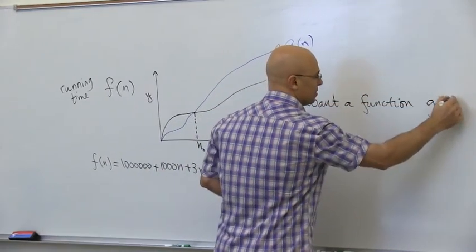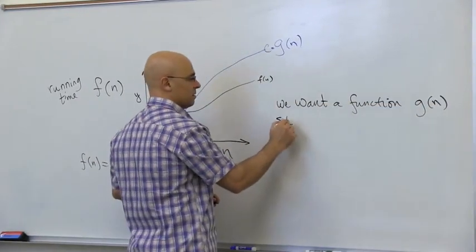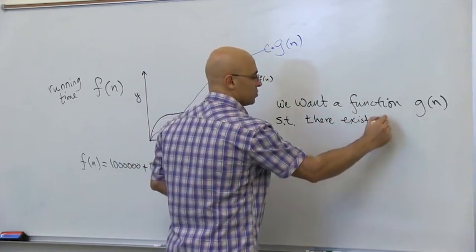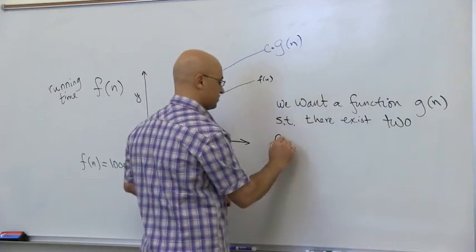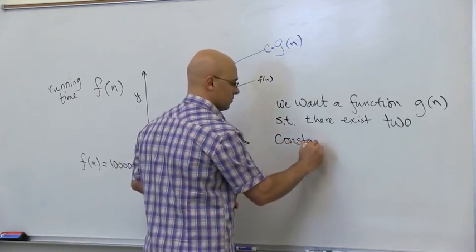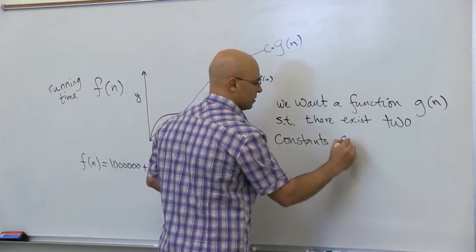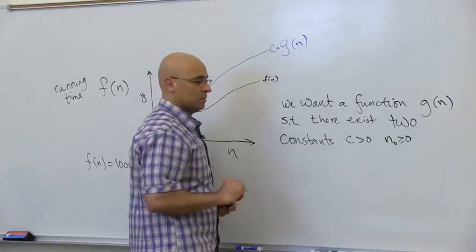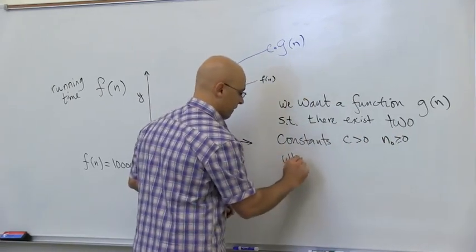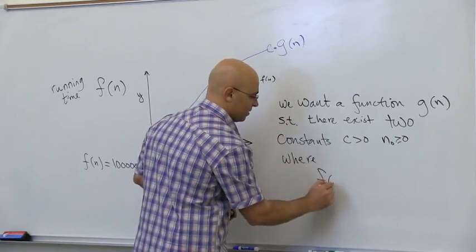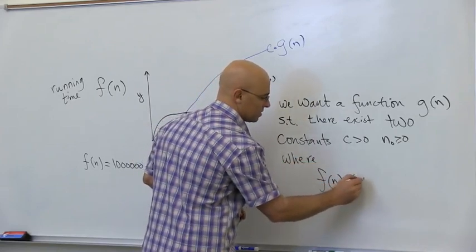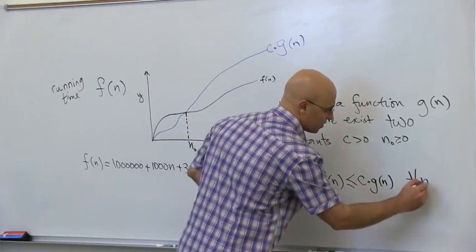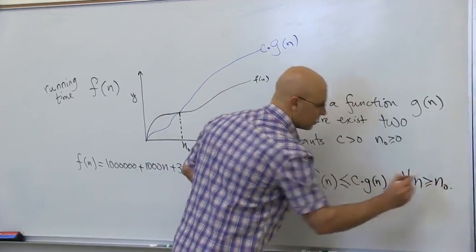Okay? Or in other words, we want a function g of n such that there exist two constants c and n0 where f of n is at most c times g of n for every n greater than n0.